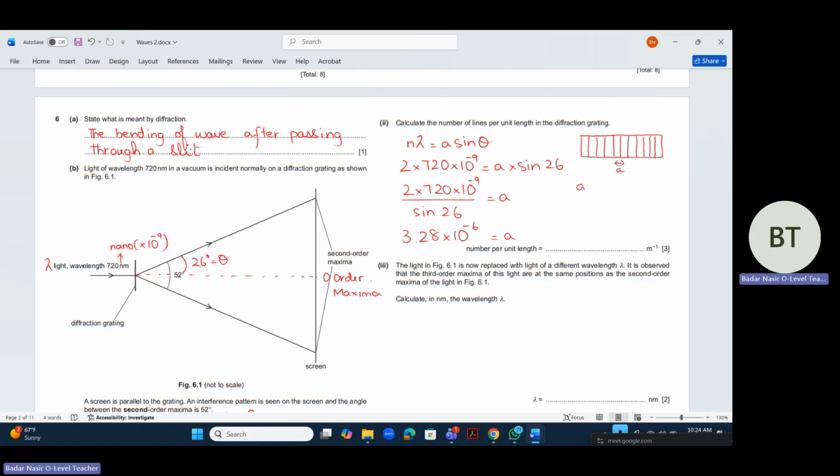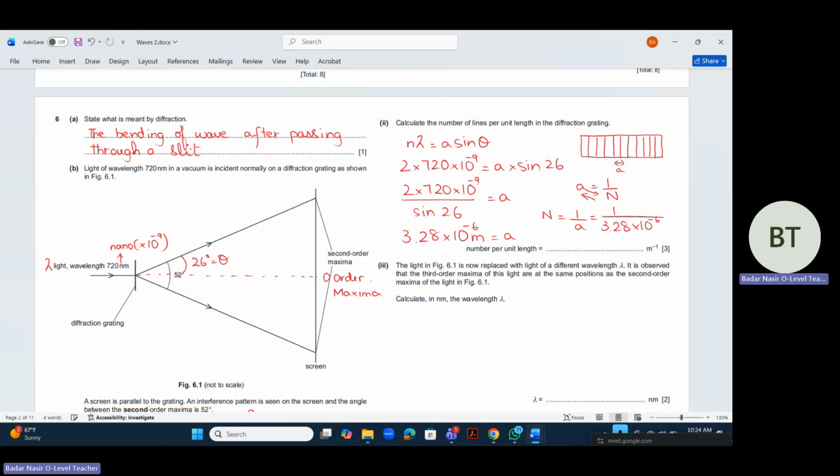A is equal to 1 over capital N, where capital N is the number of lines ruled per meter. A की वैल्यू हमारे पास आई है मीटर में, जो स्लिट सेपरेशन है. ठीक है? So now if I have to find capital N, so A और N की जगह swap कर देते हैं. So capital N is equal to 1 over A. So 1 over 3.28 times 10 की power minus 6.